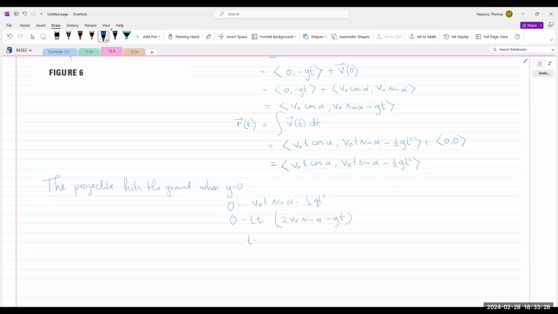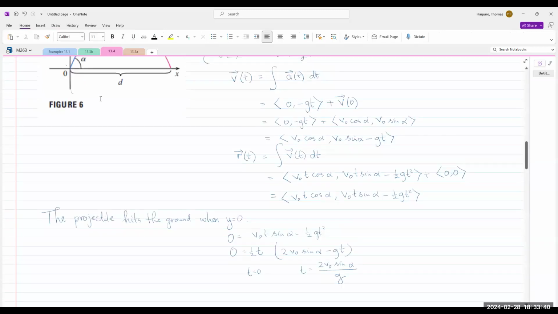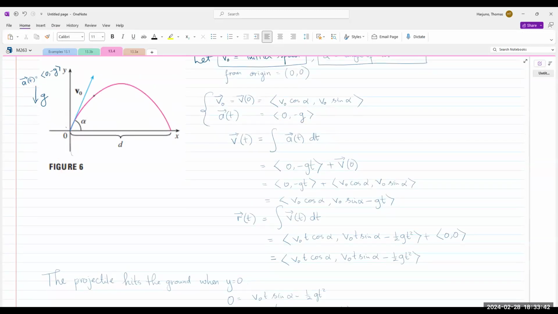So either t equals 0 or t equals 2 v naught sine alpha over g. Which, if you think about it, basically says the following: the projectile hits the ground at time 0, that's here, and at time 2 times the initial speed times sine of the angle of elevation divided by the gravity. At that time it will hit the ground again.